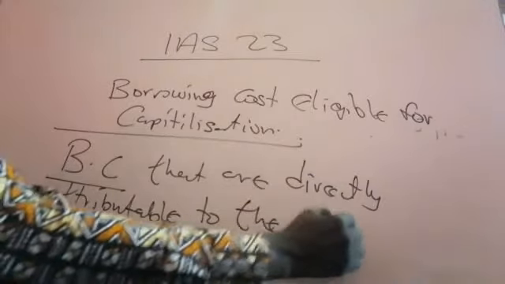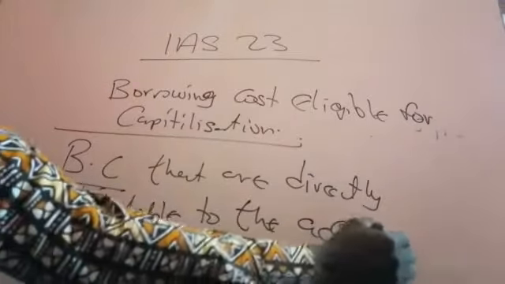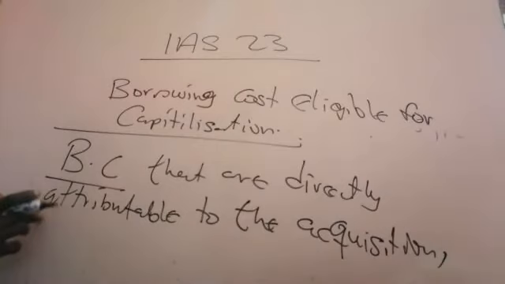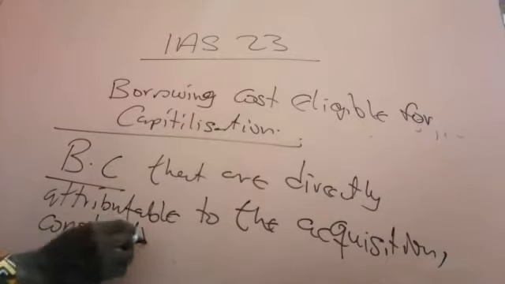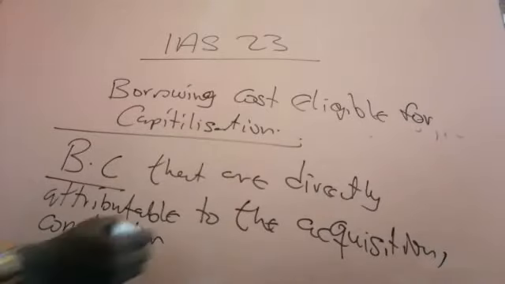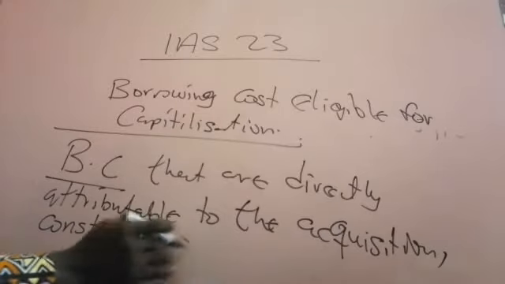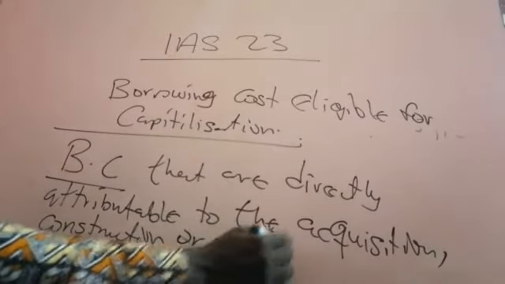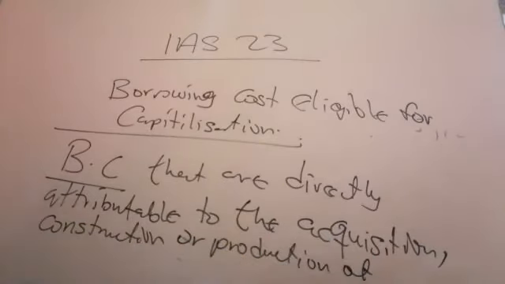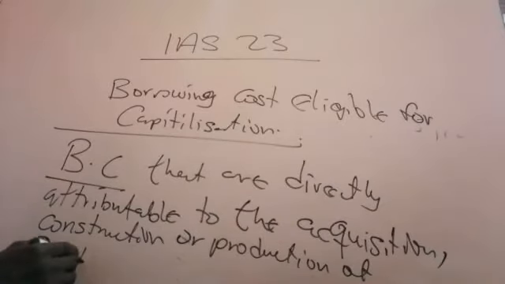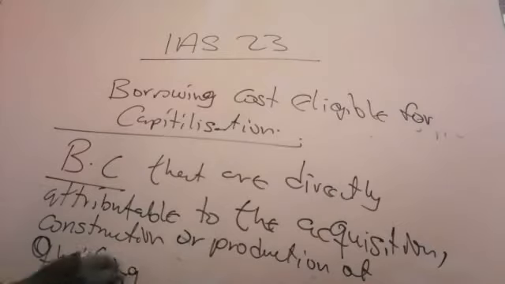I like the terms. There are three here. Acquisition, or construction, or production of qualifying assets. Now we know what a qualifying asset is. So qualifying assets.